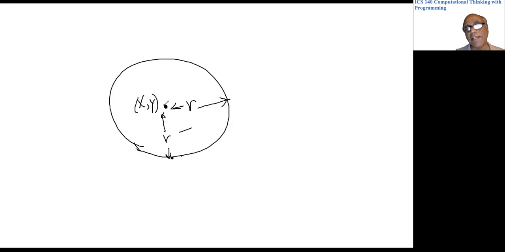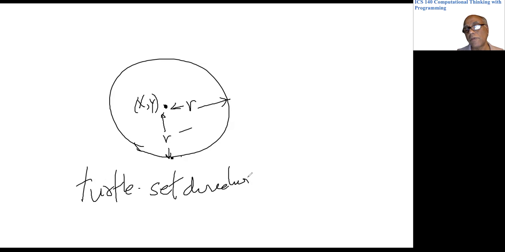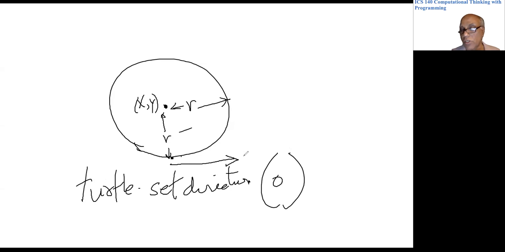How do I know that this would be the center of the circle? For that, you need to set your direction. There is a direction for the turtle. So if you write turtle.setdirection and put 0, it means the turtle is moving in the horizontal direction to the right.